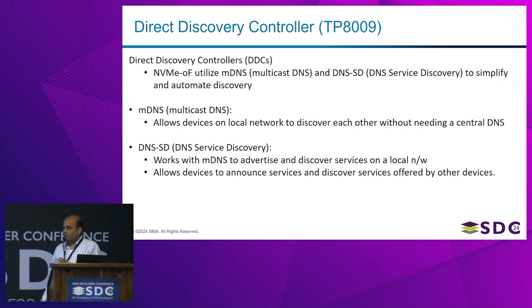One is multicast DNS, and the other is DNS service directory, which is DNS-SD. mDNS sends the information to the network and allows all the devices on the local network to discover each storage subsystem without needing a DNS. mDNS works with DNS-SD to advertise and discover the services on the local network, and it announces all the devices and NVM subsystems available on those particular discovery controllers.